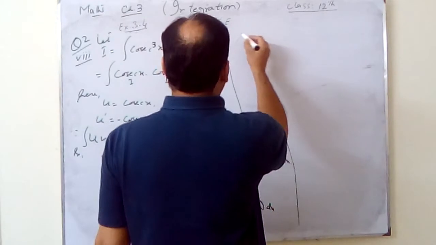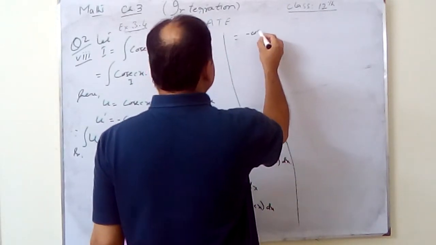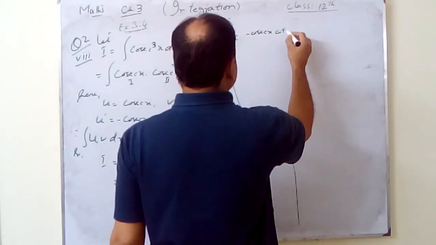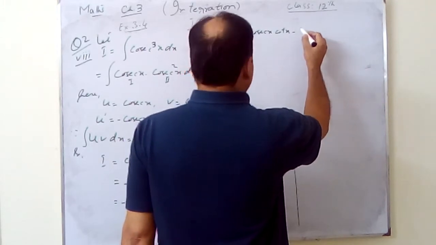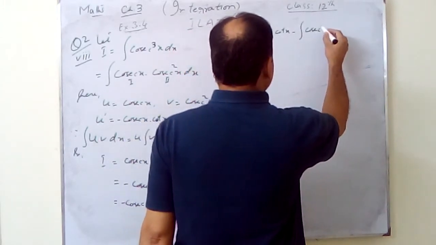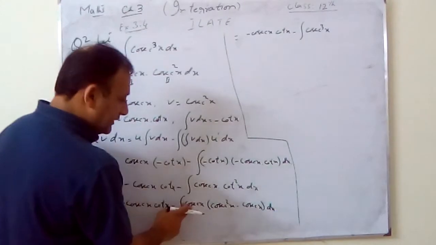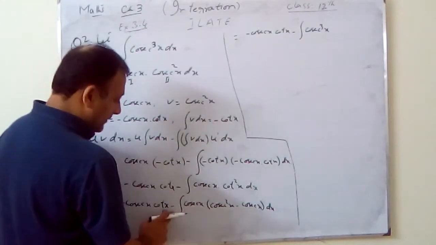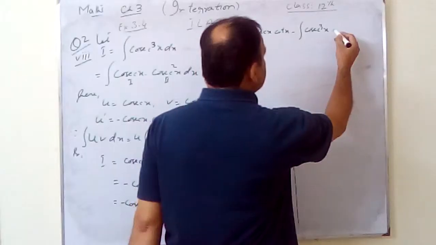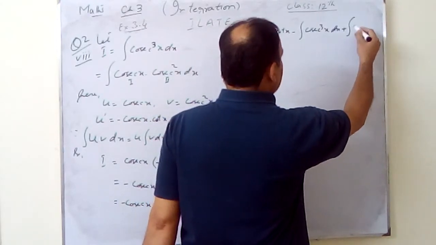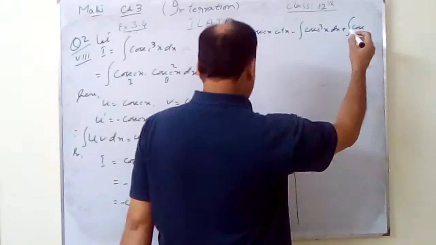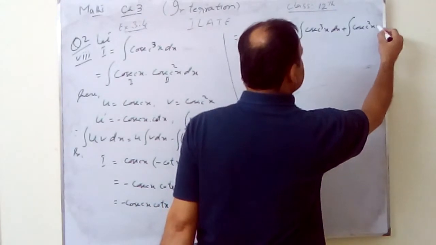Or minus cosecant x cot x minus the integral of cosecant cube x, plus the integral of cosecant x dx.